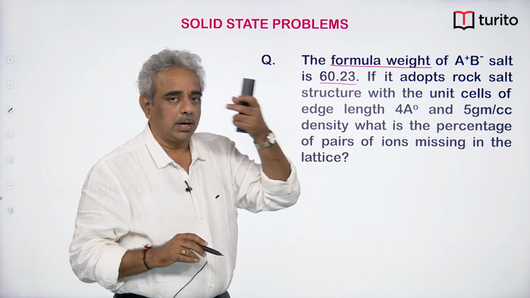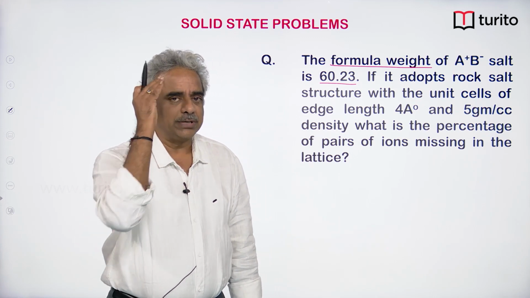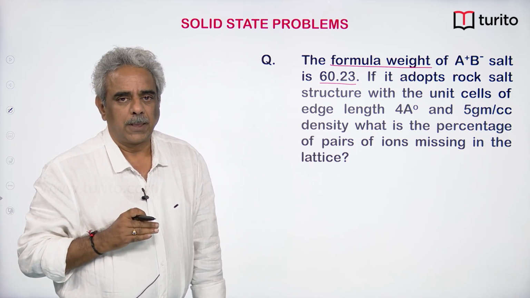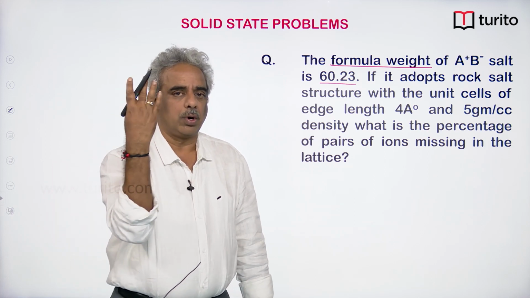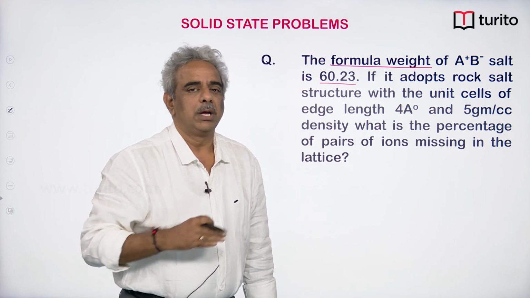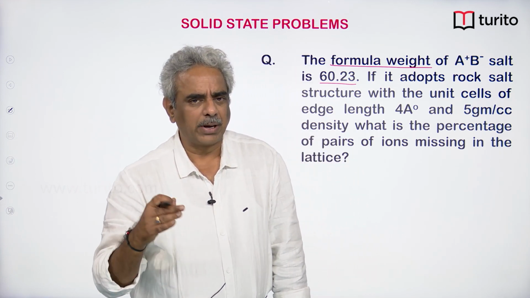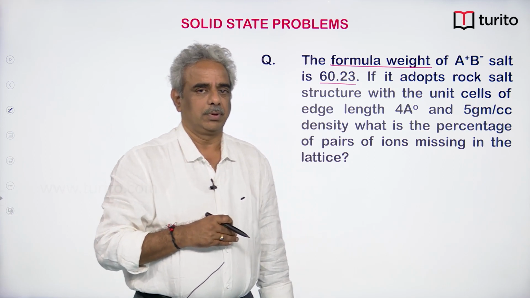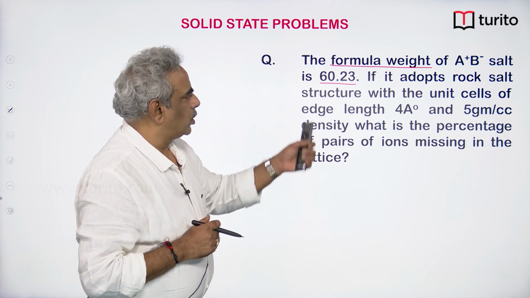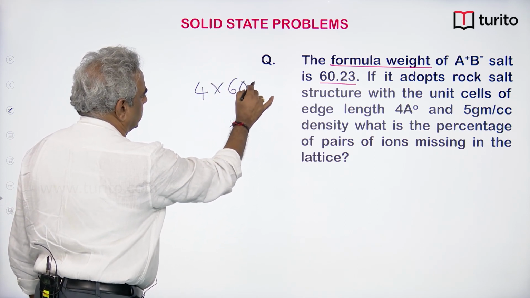It adopts a rock salt structure. So, as soon as you hear rock salt structure, we think of 4 formula units per unit cell, because each unit cell has 4 anions and 4 cations, and it should become a habit for the students. So, 4 units are expected and each unit has 60.23 molar mass.